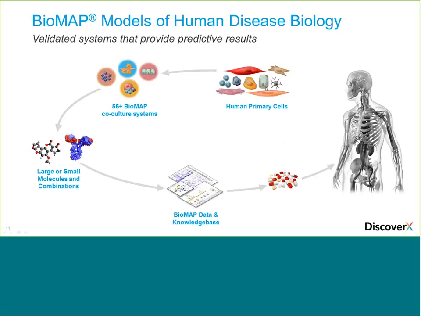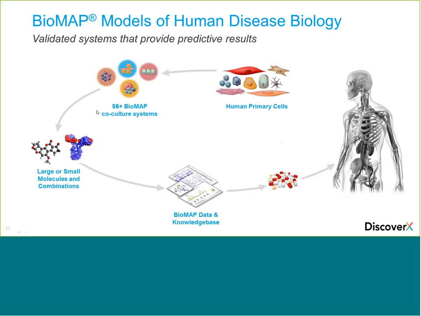We use primary human cells that are pooled from multiple healthy donors and in such a way so that they can capture the interactions of these cells within various tissues. And being fully human, these systems also are amenable to identification of biomarkers that could have translational impact on efficacy or safety of the actual drug in a patient environment.